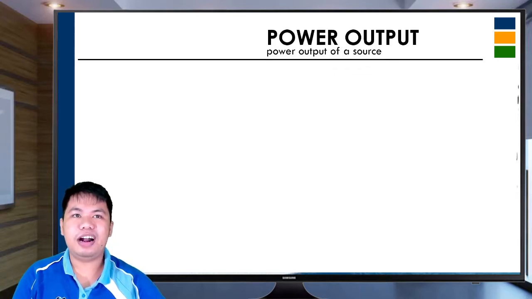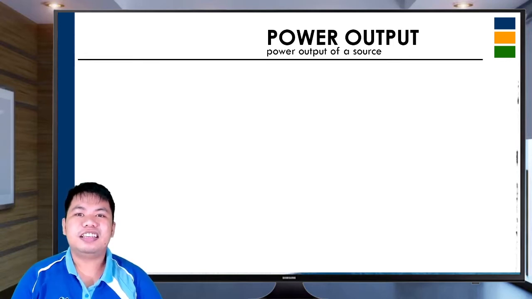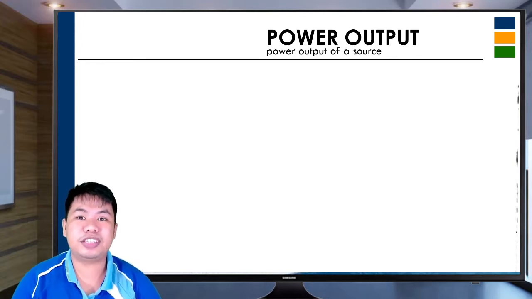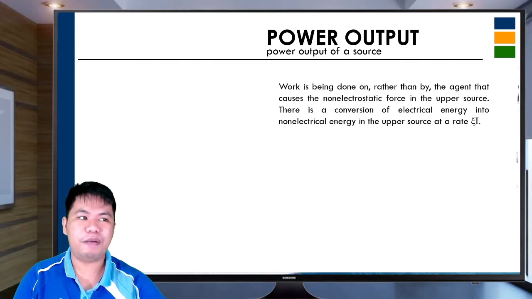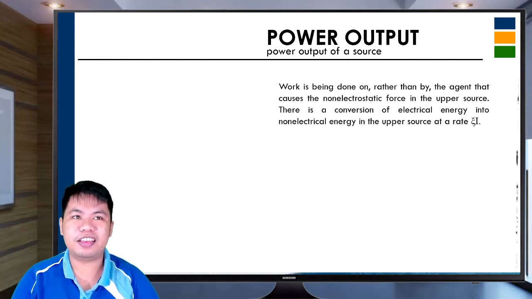So we have the power output of the source. The source is producing the power. Work is being done by the agent that causes the non-electrostatic force in the source.